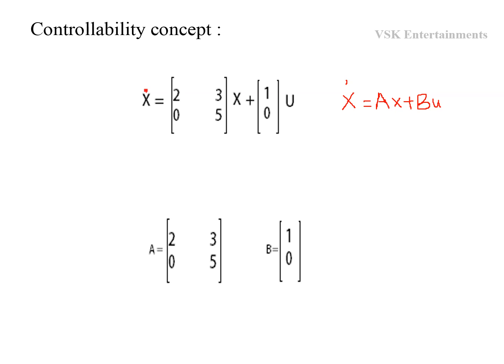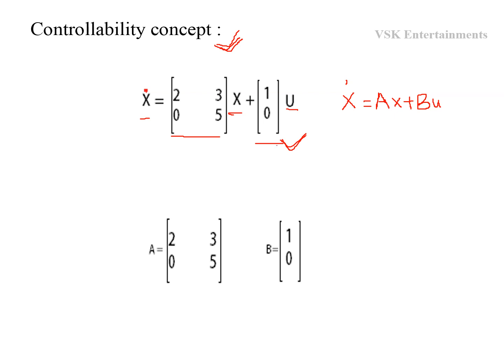Now go for the controllability concept. For finding the controllability, we require the controllability test matrix. For finding the controllability test matrix, first consider the given state equation: x dot is equal to matrix [2 3; 0 5] into x of t plus matrix [1; 0] into u of t.